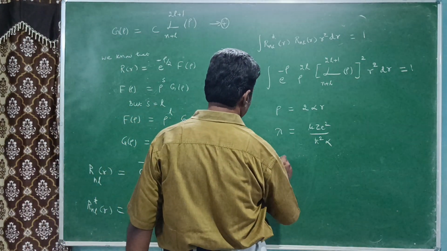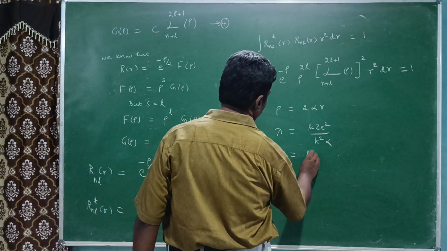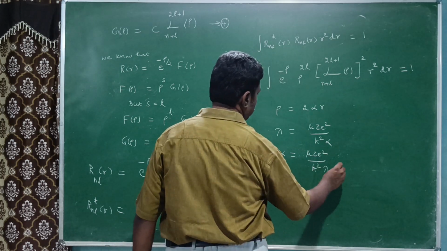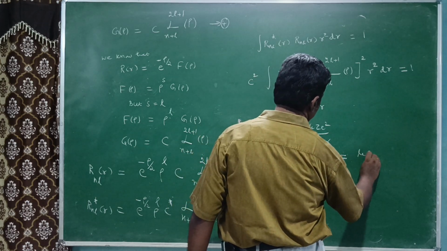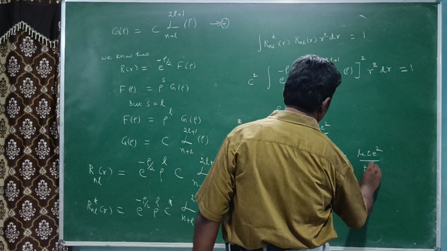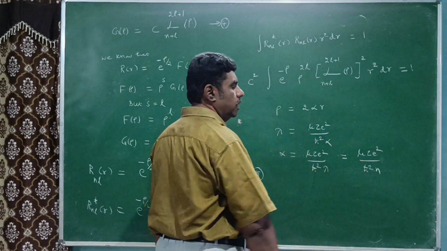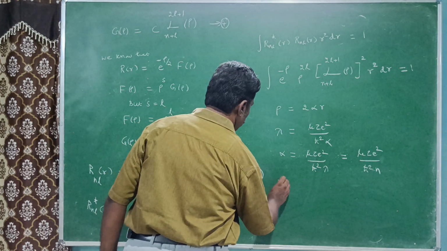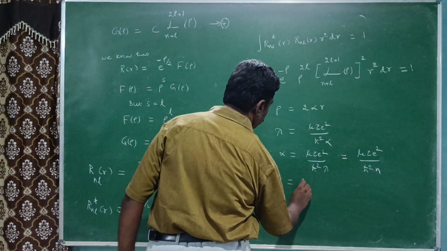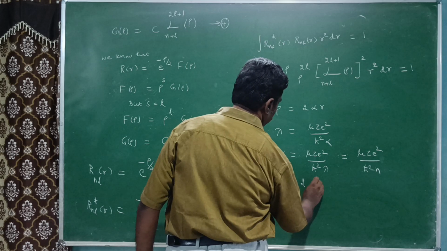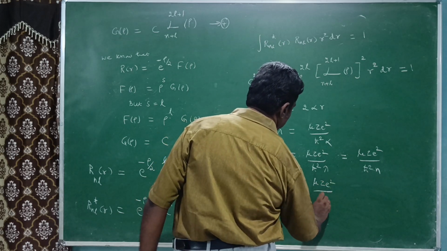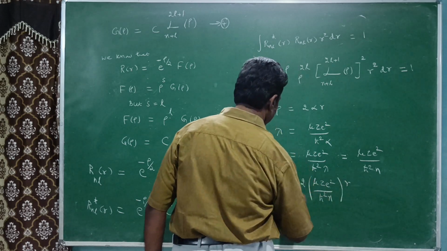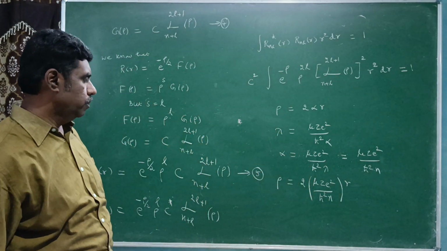From this, alpha equal to mu z square divided by h cross square lambda, which is equal to mu z square divided by h cross square n, because lambda equal to n. Now rho equal to 2 into alpha, that is 2 mu z square divided by h cross square n into r. This is the value of rho.